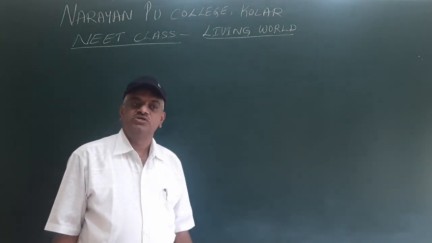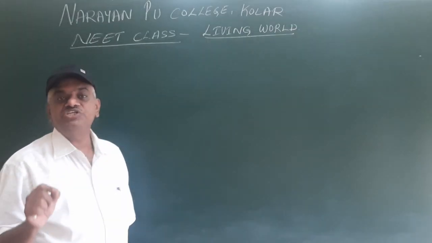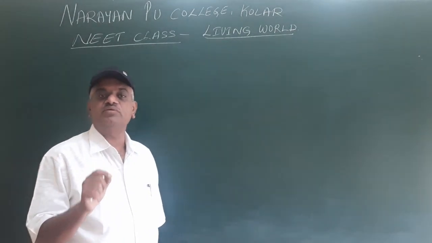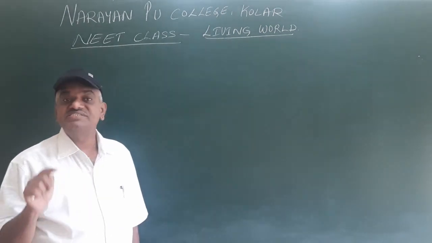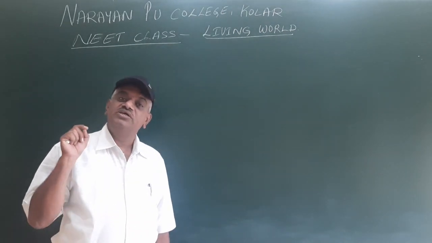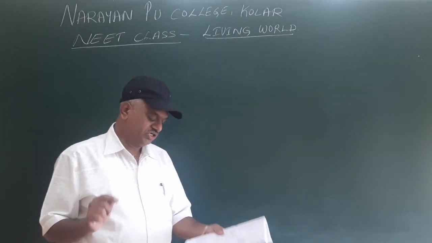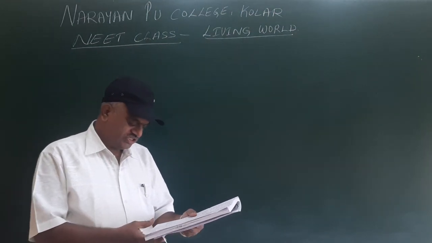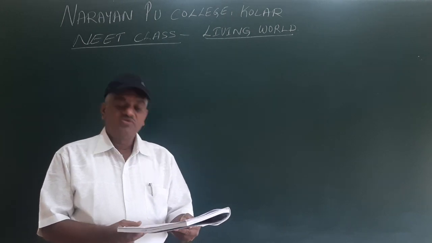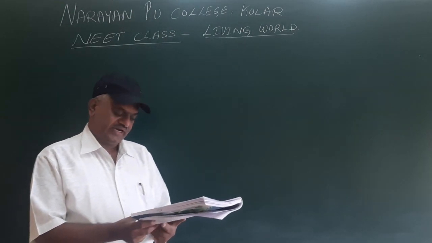vegetative characters. So we know that vegetative characters are nothing but the somatic characters, the body characters, the cell nature, how a cell is performing, that nature is called vegetative characters. The second one is aggregate of characters.